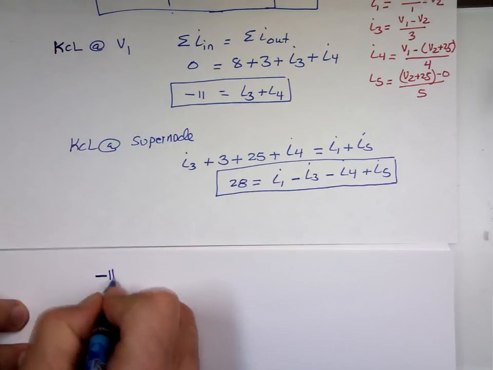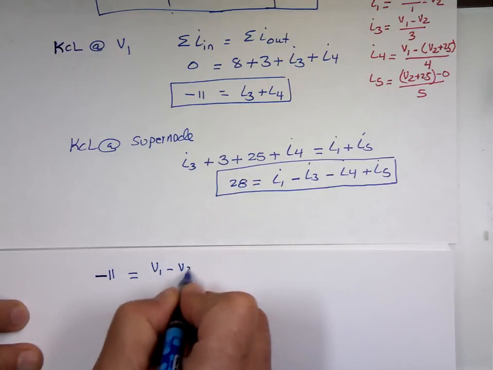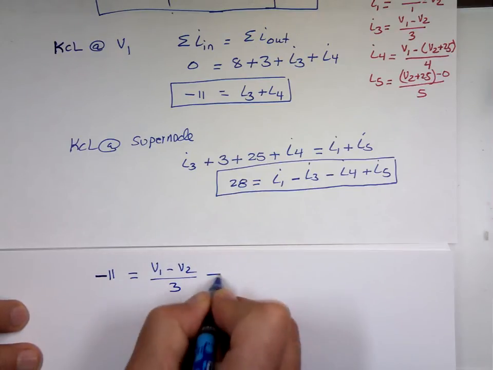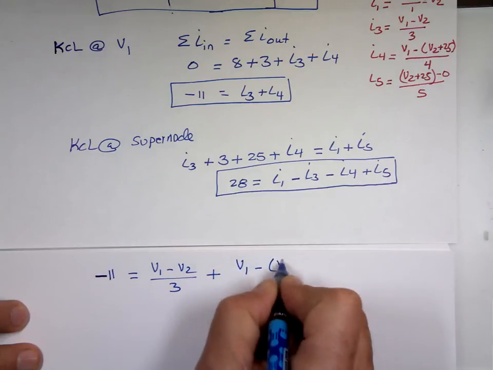What's I sub 3? V1 minus V2 over 3. What's I sub 4? V1 minus V2 plus 25 over 4.